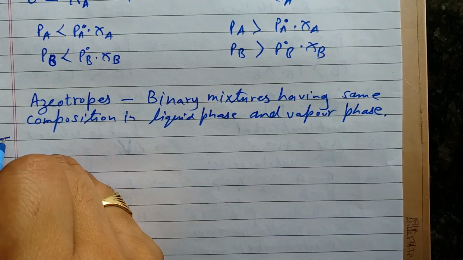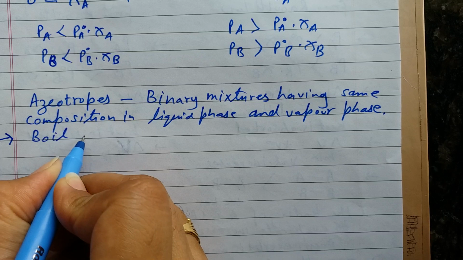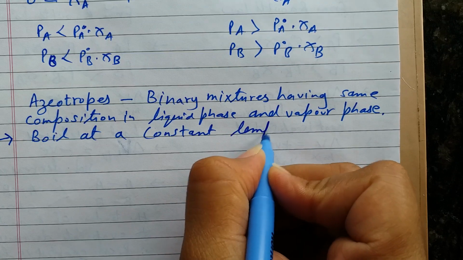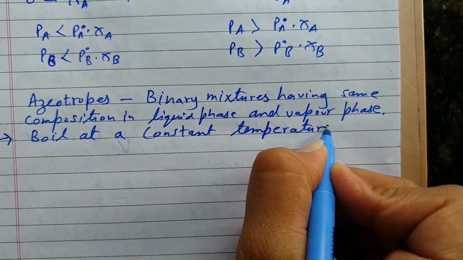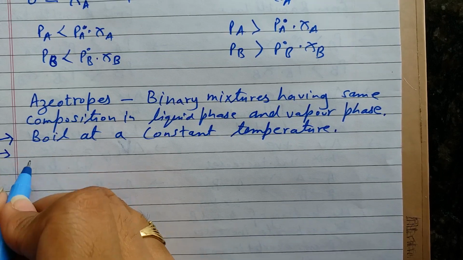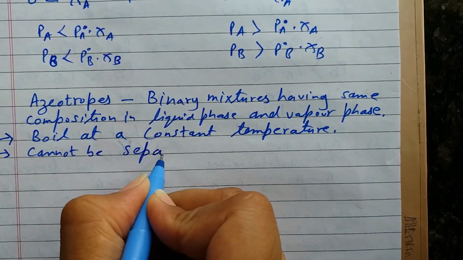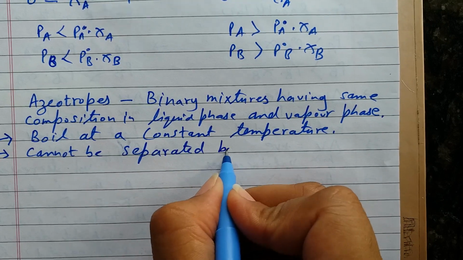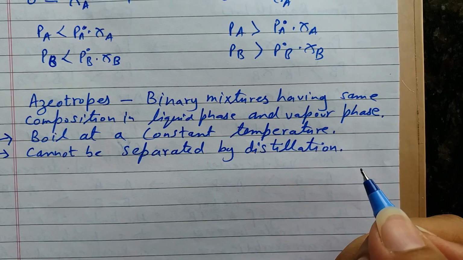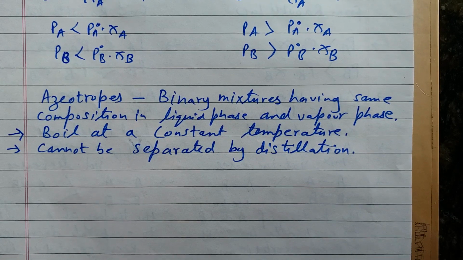What else? These binary mixtures or azeotropes are found to boil at a constant temperature. There are two substances mixed together, but they behave as one, and they boil at one constant temperature. And this is the reason why these mixtures cannot be separated by distillation, because to separate via distillation there should be a difference in boiling points, but here there will be no difference in boiling points because they will behave as one and they will boil at a constant temperature.